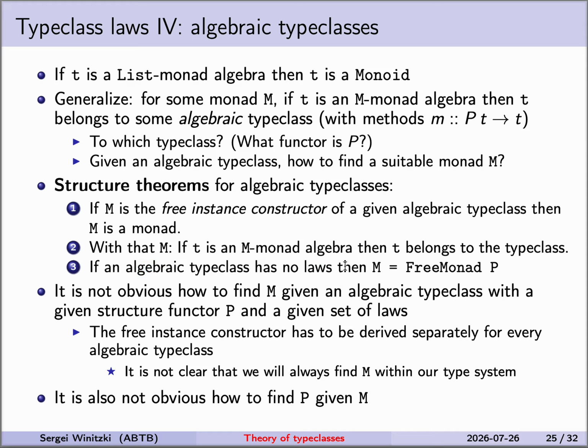So in the case when there are no laws, we know how to answer these questions: given P, find M, and given M, find P. You look at M, and if it's a free monad of something, then you know that's the type class and it has no laws. But other than this, for type classes that do have laws, it's really not obvious how to find this monad, and vice versa. Given a monad, it's not obvious how to describe all its monad algebras.